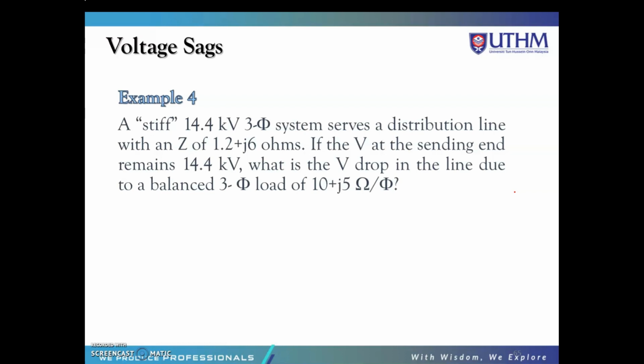A stiff 14.4 kilovolt three-phase system serves a distribution line with an impedance of 1.2 + j6 ohms. This is the V line and Z line. If the voltage at the sending end remains 14.4 kilovolts, what is the voltage drop in the line due to a balanced three-phase load of 10 + j5 ohms per phase?